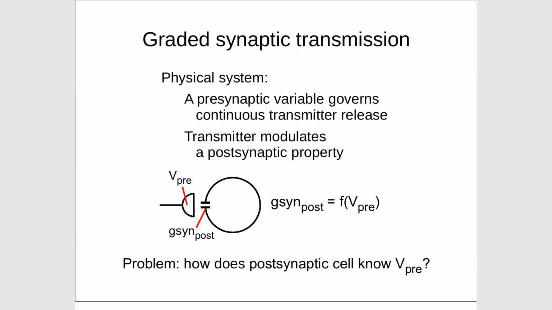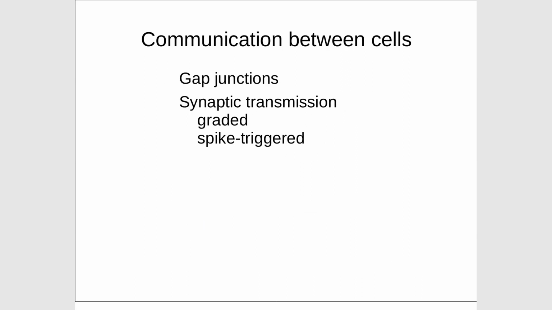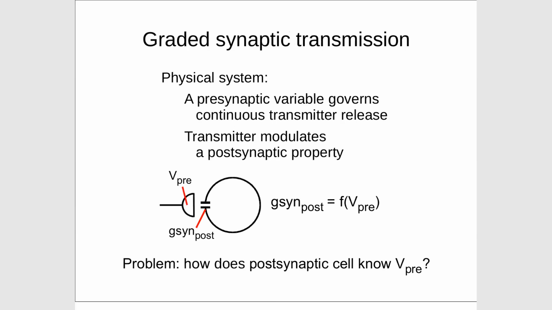We're going to focus on graded synaptic transmission, and for the moment, on synaptic transmission, not gap junctions. And let's start by looking at graded synaptic transmission to begin with.